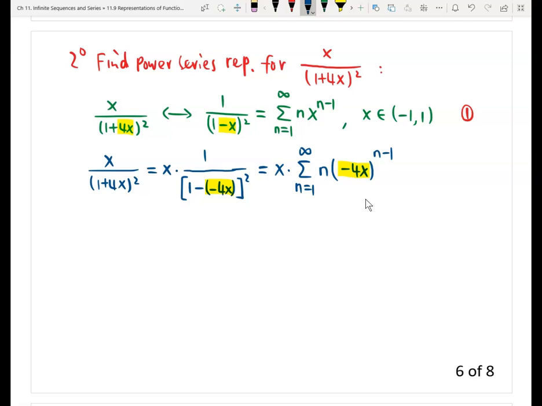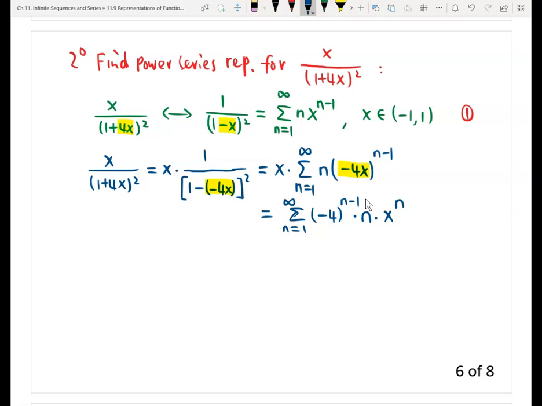See, what do we have? This is not difficult to get. Finally we have this summation, n from 1 to infinity, with the constant negative 4 raised to the power of n minus 1, and we have a coefficient n, so times n. And how about the power? X is now raised to the power of n.